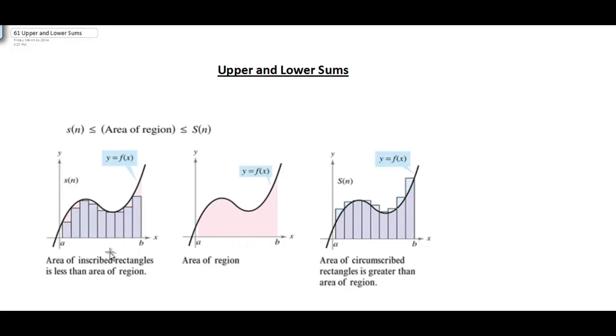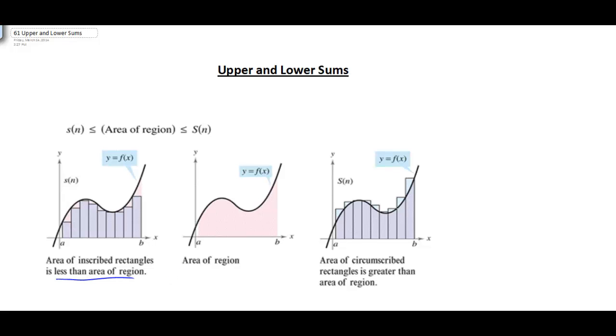First, if we look on the left here, we can draw a bunch of tiny little rectangles underneath the curve, and if we find the area of each rectangle by taking the length times the width, and then we sum up all of the rectangles, that would give us an approximation to the area. And clearly there's a little space left here, so this area would be less than the area of the actual region.